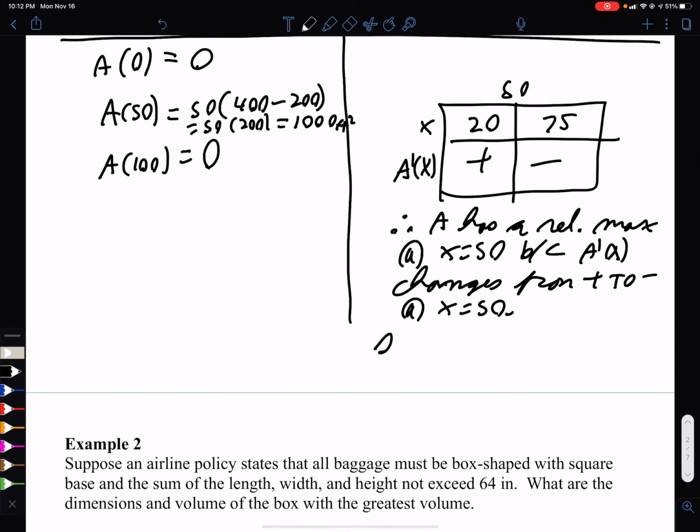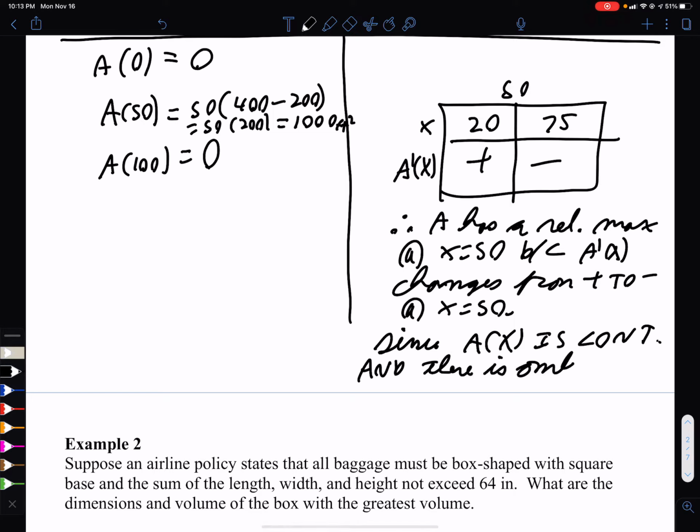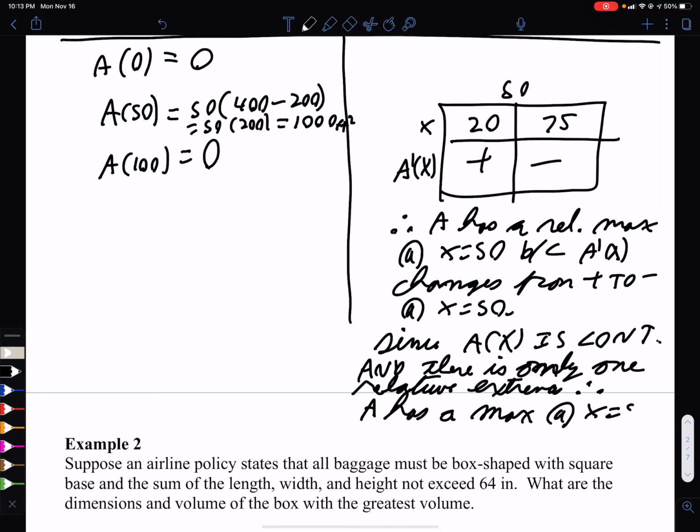And so, since A of x is continuous, and there is only one relative extrema, therefore, A has a maximum at x equals 50.